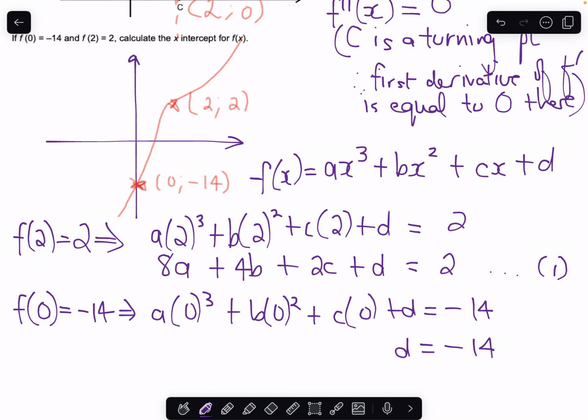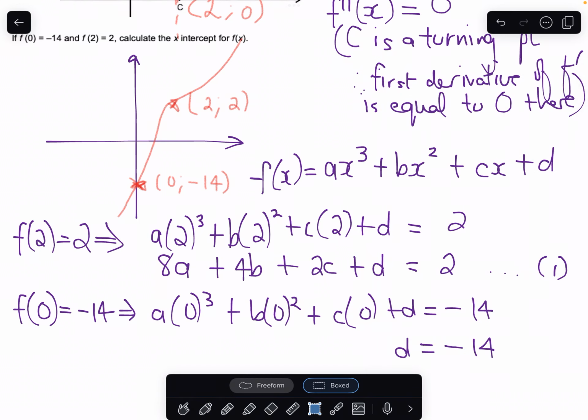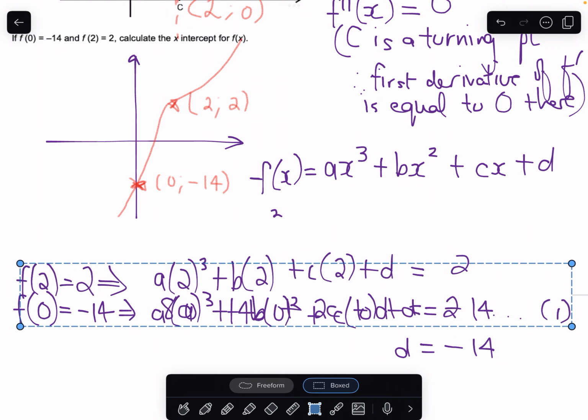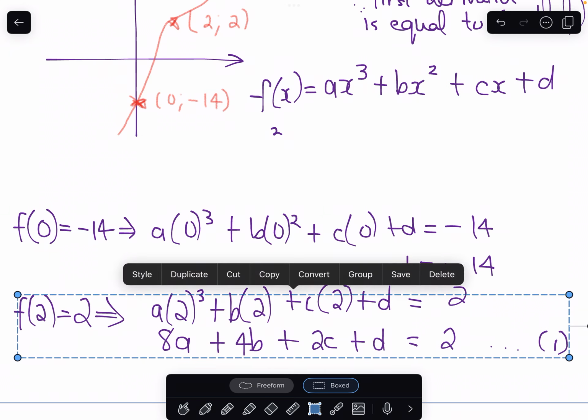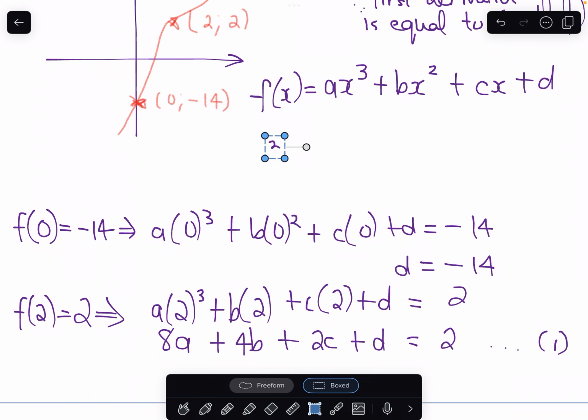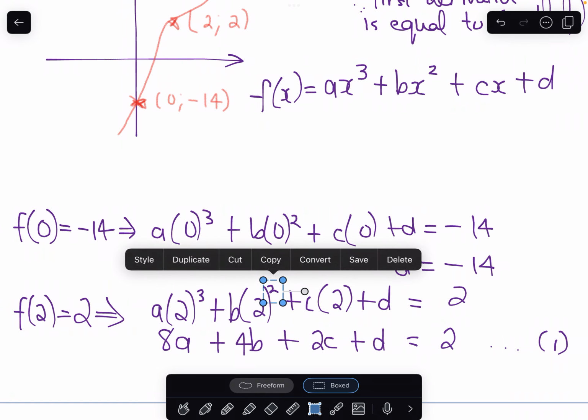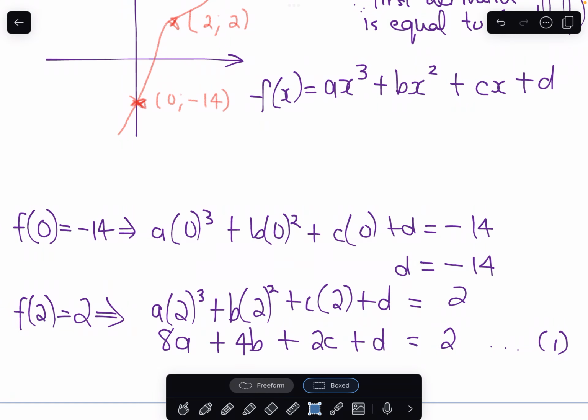So in fact, I am going to take you guys down here. A little 2 that I'm missing there. And this will become my new number 1. Not really, I don't need it to be number 1. I can just replace the d over here.